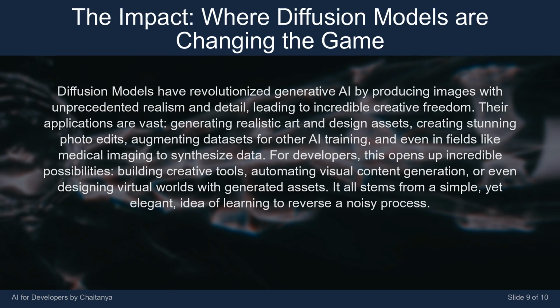For developers, this opens up incredible possibilities. Building creative tools, automating visual content generation, or even designing virtual worlds with generated assets. It all stems from a simple, yet elegant, idea of learning to reverse a noisy process.